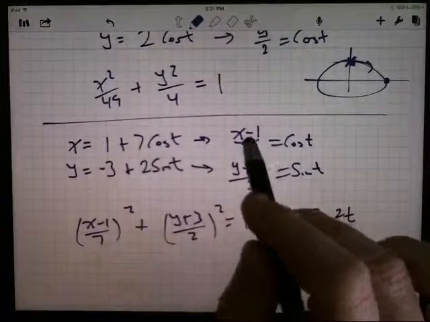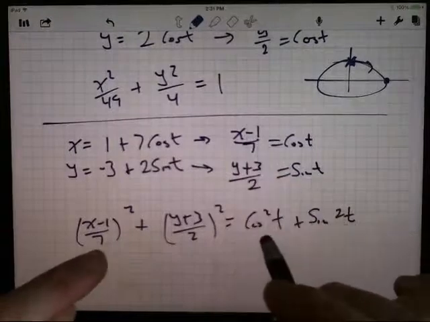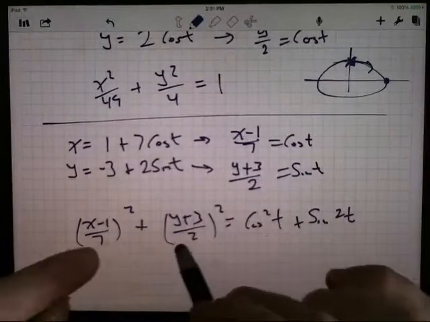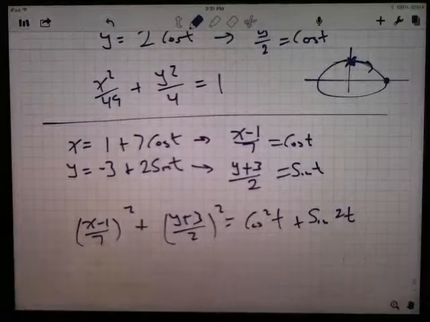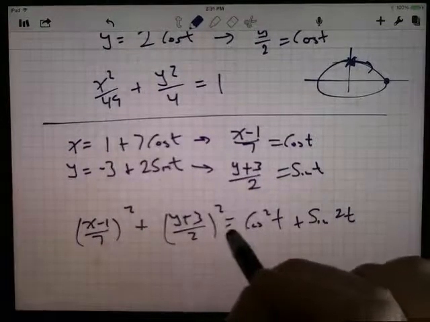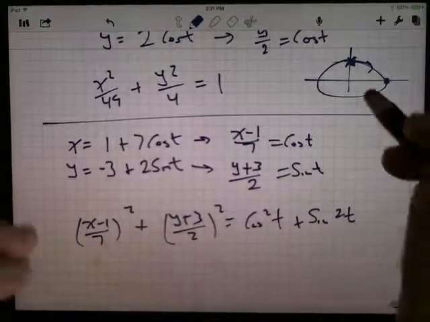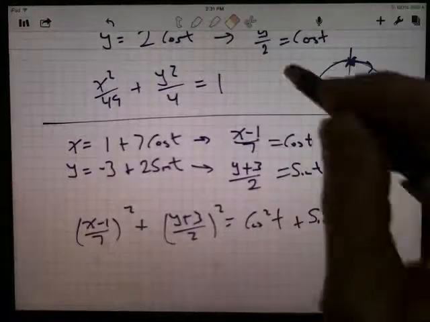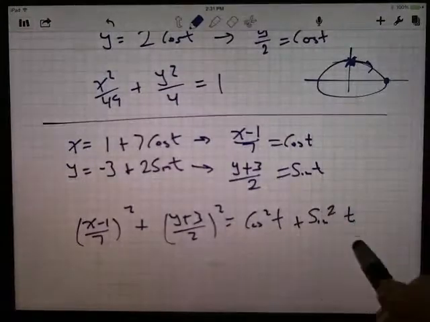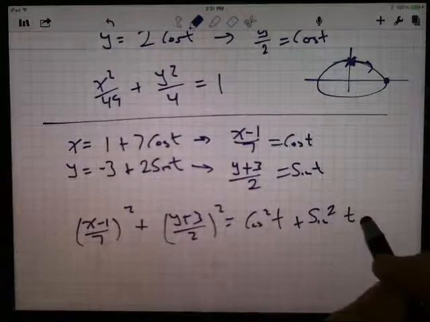Square the first equation, square the second equation, add the left-hand sides, add the right-hand sides. The reason we did that is because this will eliminate the parameter. This is cosine squared t, this is sine squared t, and sine squared t plus cosine squared t is equal to 1.